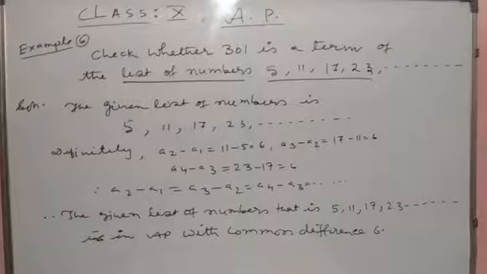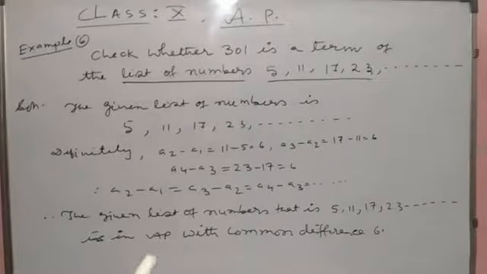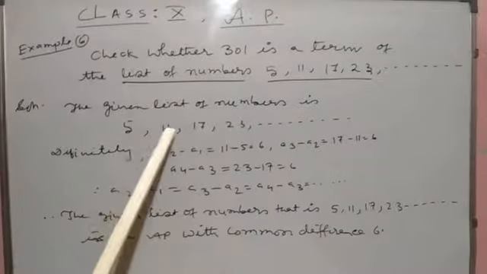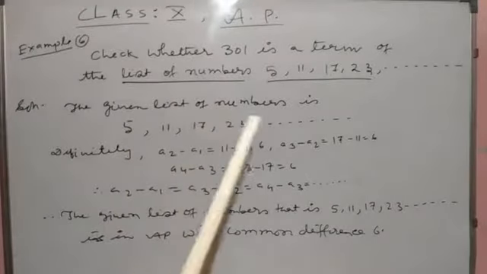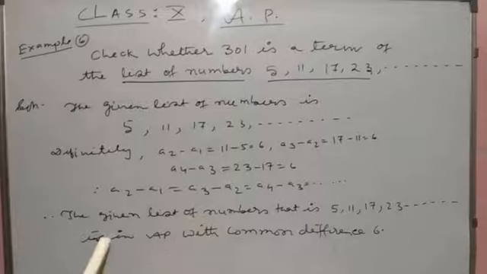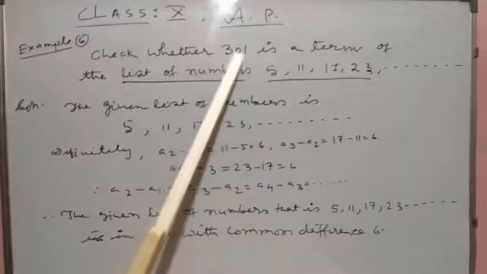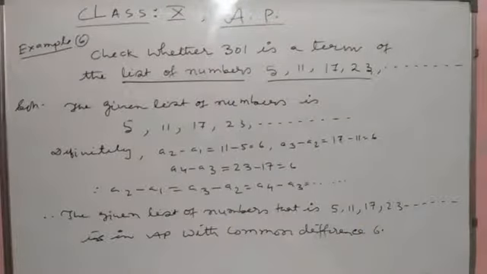Thus we have seen that second term minus first term equal to third term minus second term equal to fourth term minus third term, all these are equal. Therefore, this list of numbers is in AP with common difference 6. Now we will check whether this is a term of this AP or not.